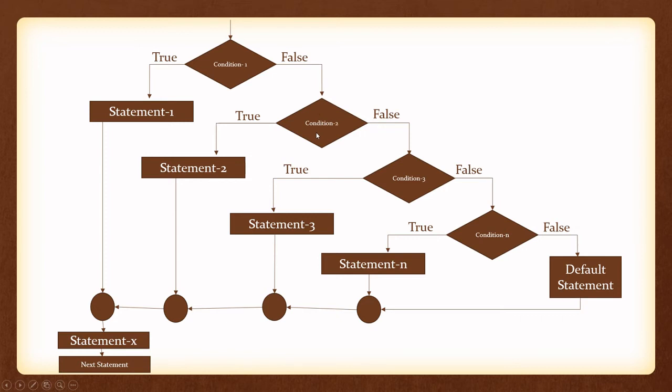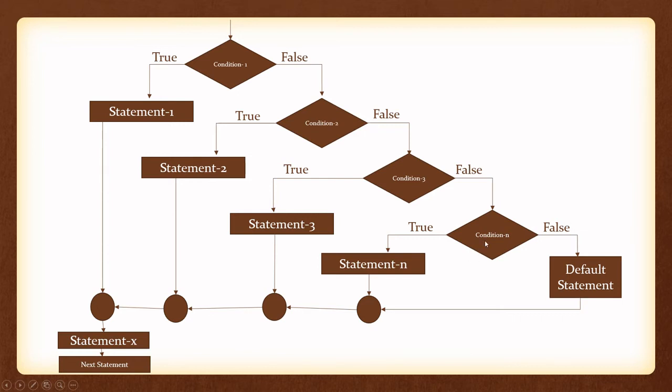If the condition 2 is true, then the statement 2 will be executed. If this condition failed, then it goes for the condition 3. If the condition 3 is true, then it goes for the statement 3. If it failed, it goes for the condition n.